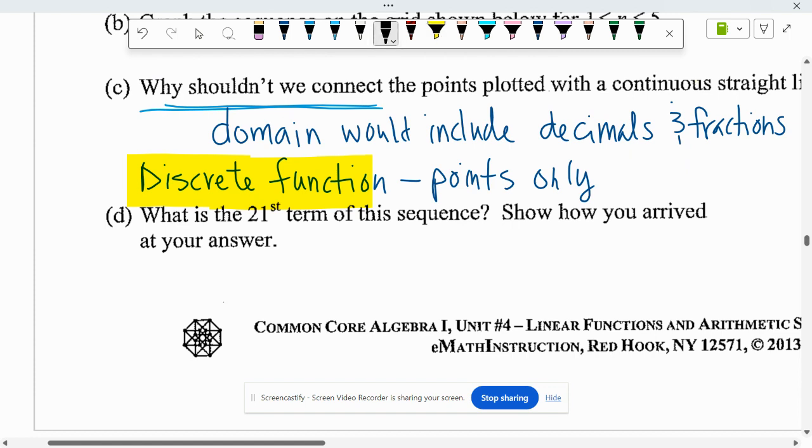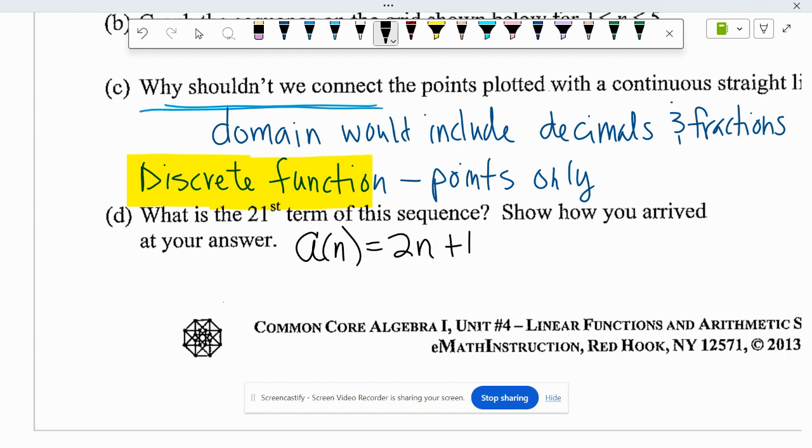So it says, what is the 21st term of the sequence? Show how you arrived at your answer. Well, remember my sequence equation is a sub n equals 2n plus 1. So if I'm looking for the 21st term, a sub 21 equals 2 times 21 plus 1. And that means that a sub 21 is what?